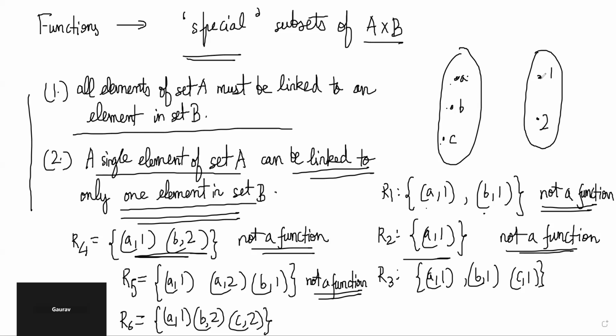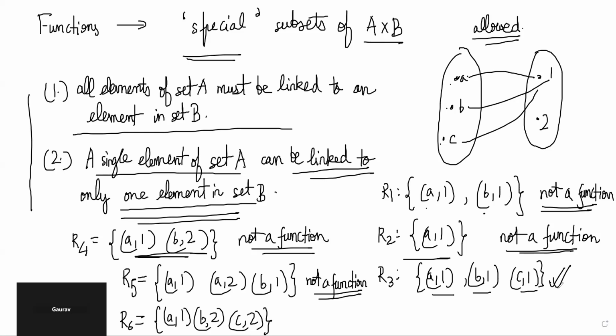So for example, if you see here, A1, B1 and C1, this is allowed. Why? Because each of A, B, C are linked to 1, right? It's not like one element of A set is linked to multiple outputs, right? So this satisfies first condition also and second condition also. This is a function. Do you understand what I'm saying?